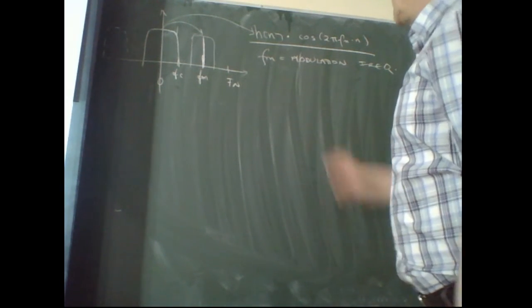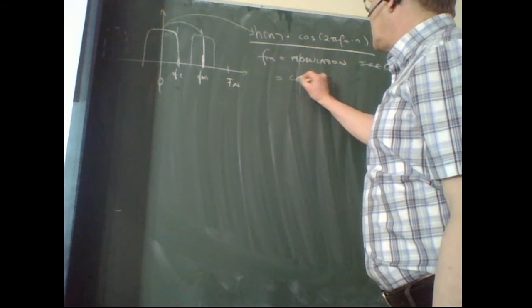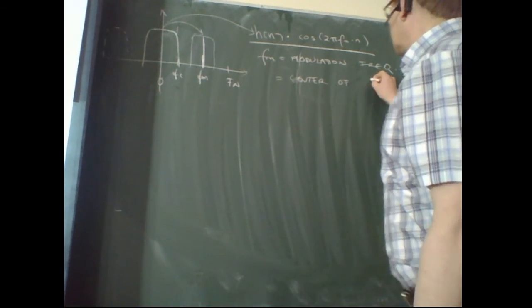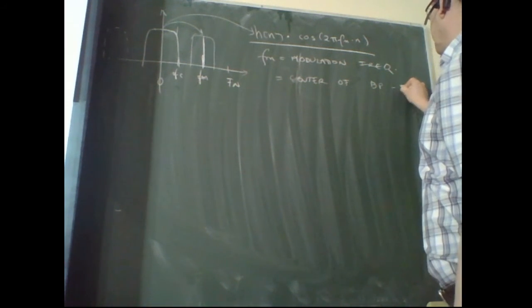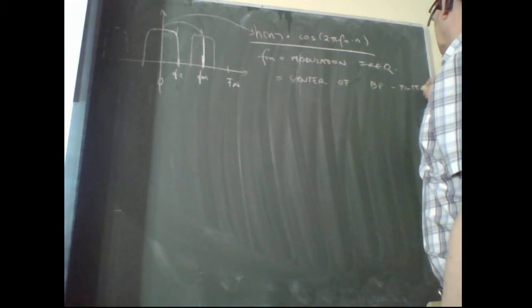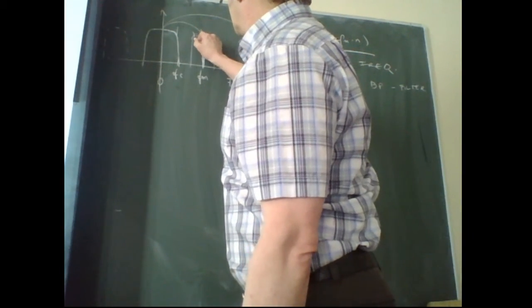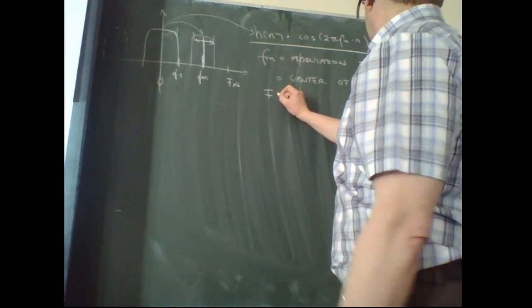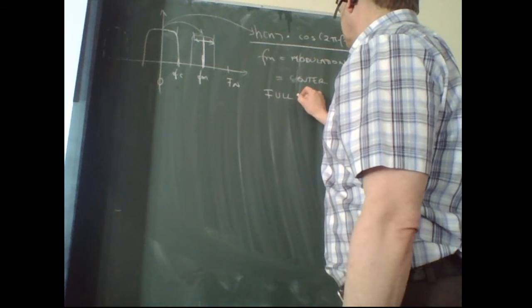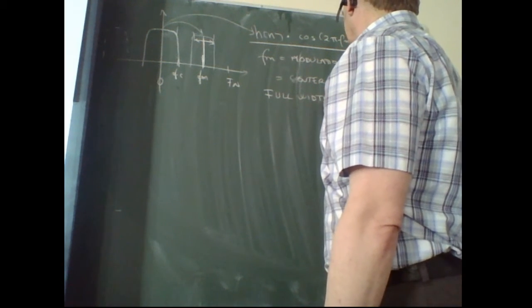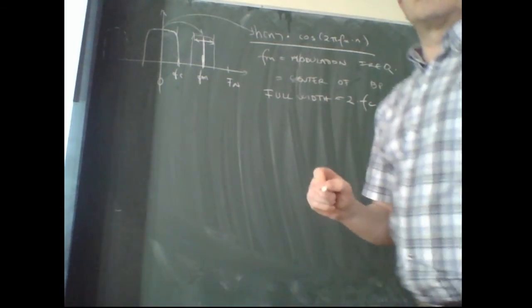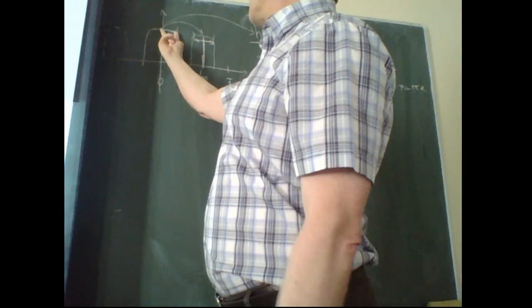The modulation frequency is also the center of this band pass filter. Couple of notes. Now the full width of that band pass filter is actually 2 times the cutoff frequency. So it's basically on both sides.